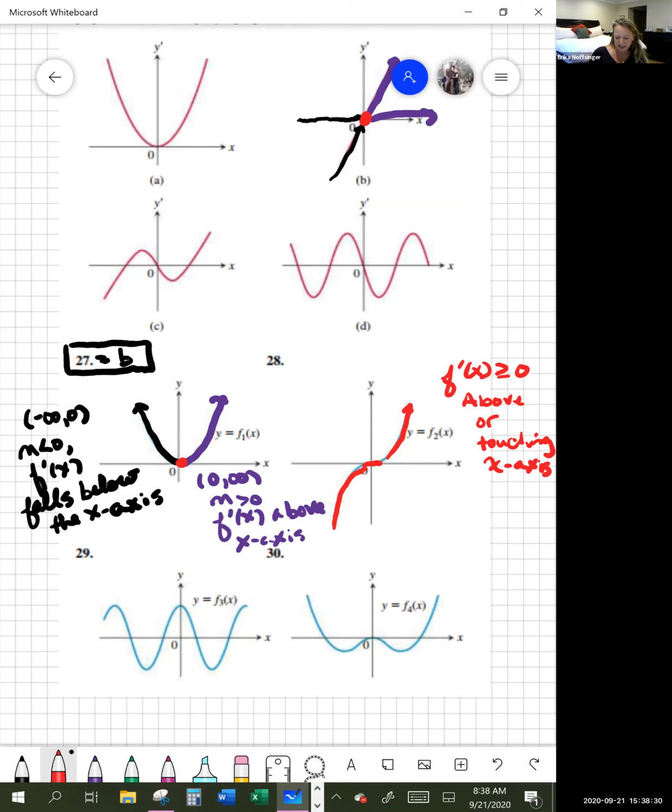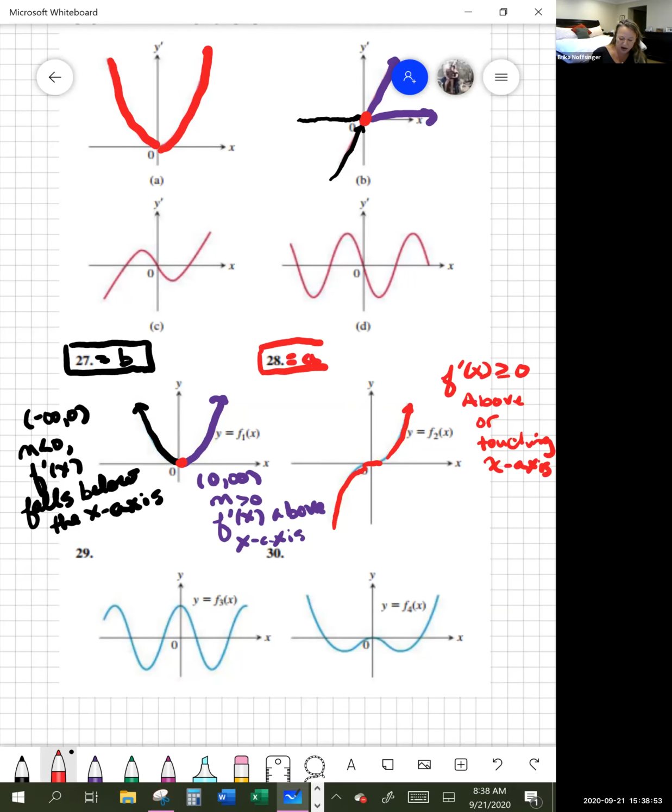So the only thing in my scenario that looks like that would be graph A. This is all above the x-axis, touches the x-axis, and then above the x-axis. And so 28 would have to go with A.